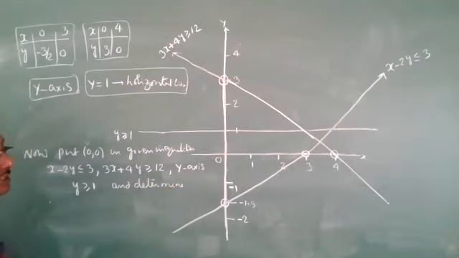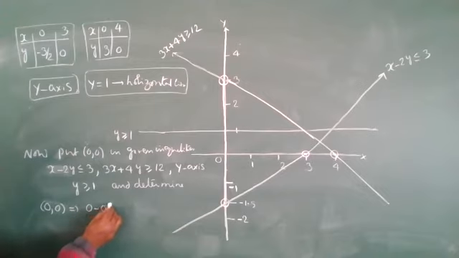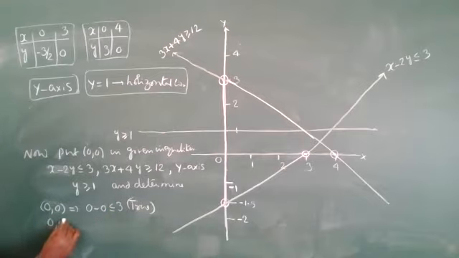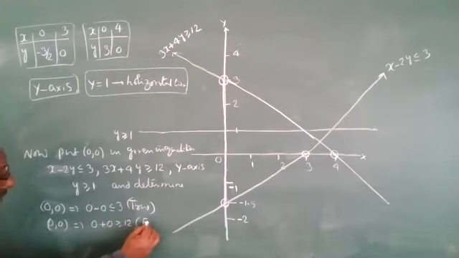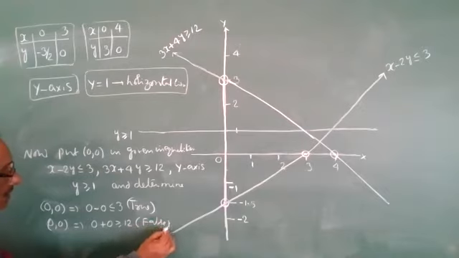Determine whether this point is satisfied or not. You should write down satisfied or not. First take 0, 0. In the first equation, 0 minus 0 less than or equal to 3 is true. For the second equation, 0 plus 0 greater than or equal to 12 is false.